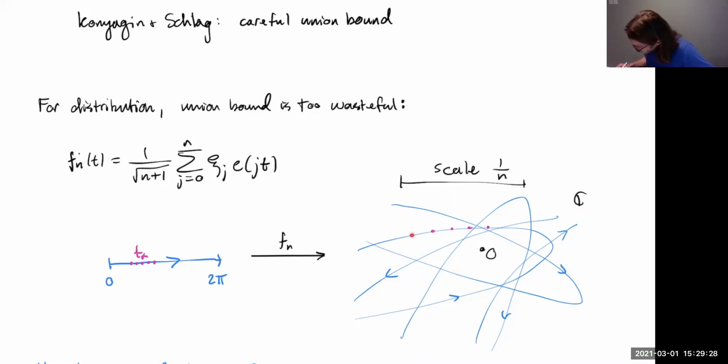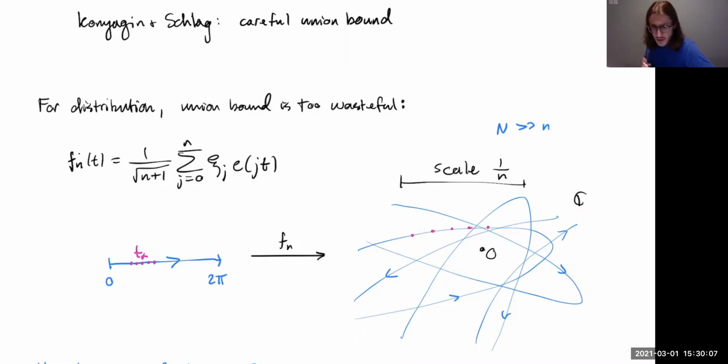So to capture this moment, we need capital N to be quite a bit larger than little n. But once you do that, you can see a union bound is going to be wasteful, because if you're just looking at the probability that one point comes within epsilon over n, well, it carries a whole bunch with it. Everything that comes in to scale 1 over n brings this whole loop of points with it. So a union bound is going to be too wasteful.